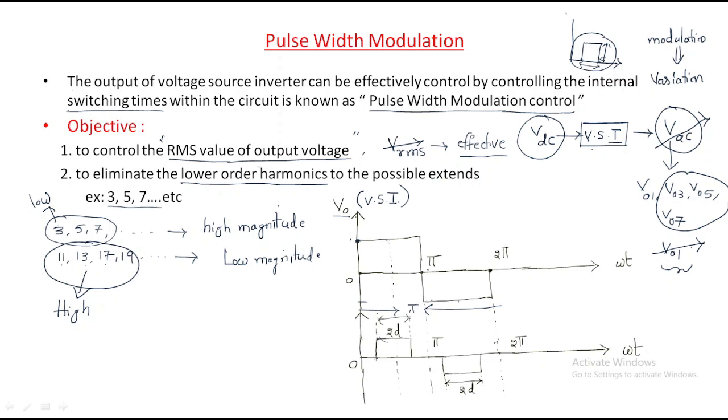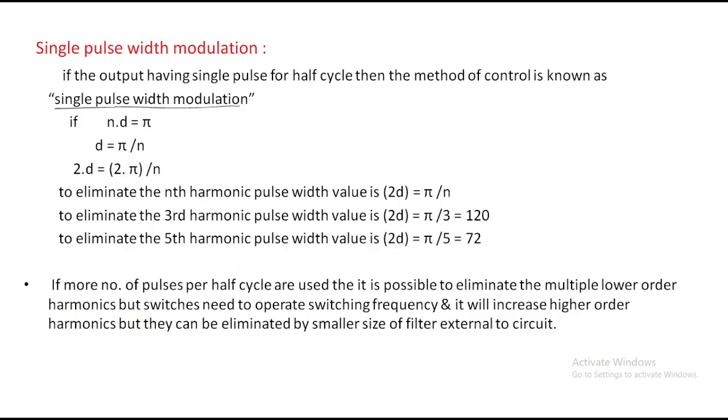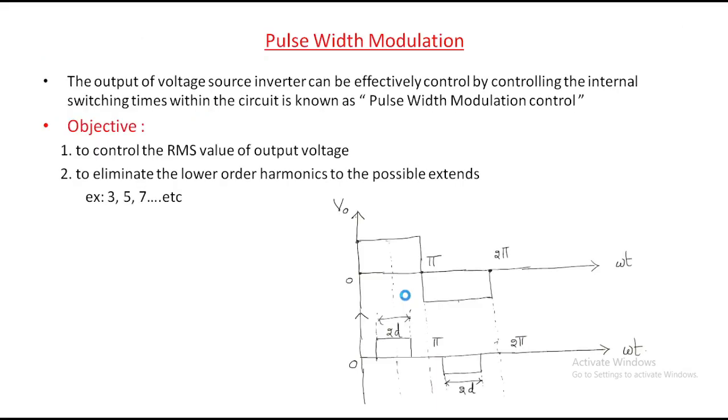After that time period it repeats again like this and extends like this. You know this. So in that, this part is the half cycle and this part is the full cycle. Simple thing: if the output has a single pulse for half cycle, look here.